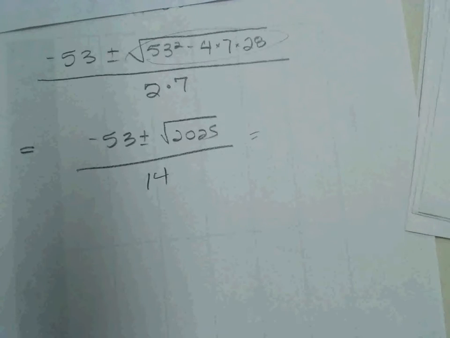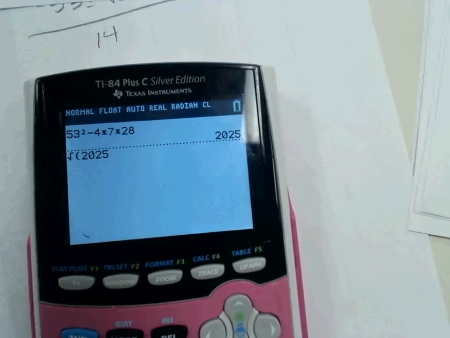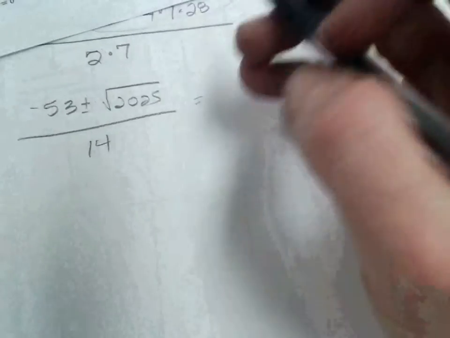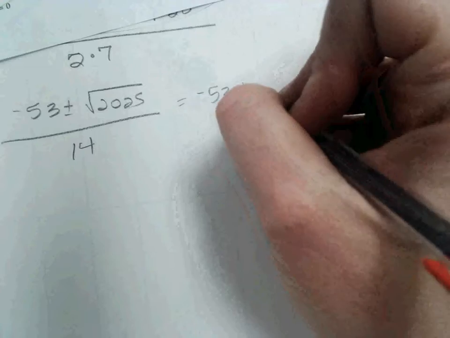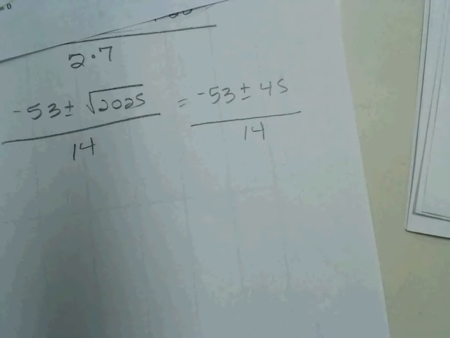And some of you may recognize that to be a perfect square, and some of you may not, but you always test it. So I would next do, okay, can I take the square root of 2,025? Yes, I can. 45. So I rewrite this as negative 53 plus or minus 45 over 14.